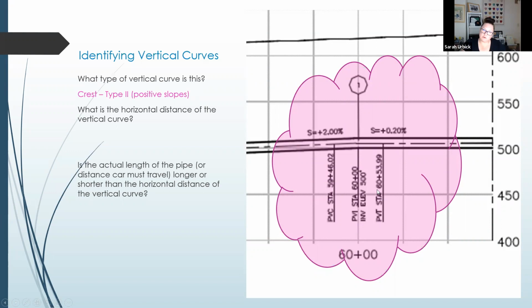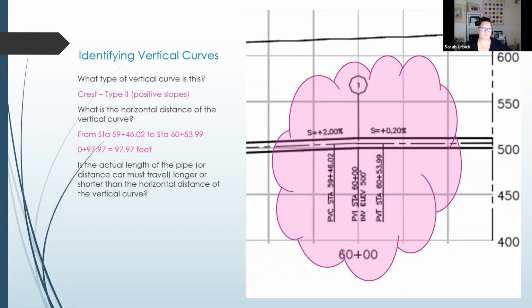Not quite, pretty close. Very close, Olga. What we want to do is take the difference between our point of vertical tangency and our point of vertical curvature, which is going to give us 97.97 feet. 2 feet, 3/100ths shy of 100.